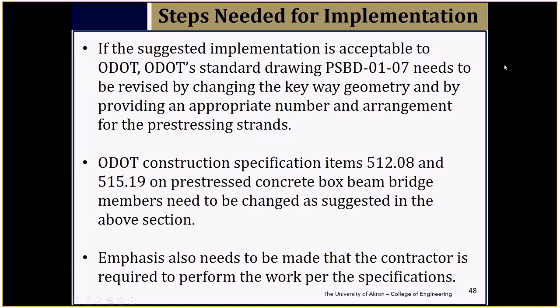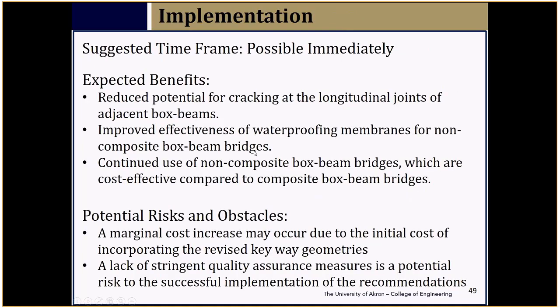And of course, we cannot emphasize enough that the contractor needs to do his or her job as required in the specifications. That's a very important aspect. Of course, I have these sections because our guidelines say so, but in any case, we understand the expected benefits and risks and obstacles.